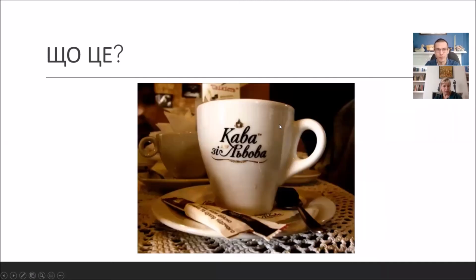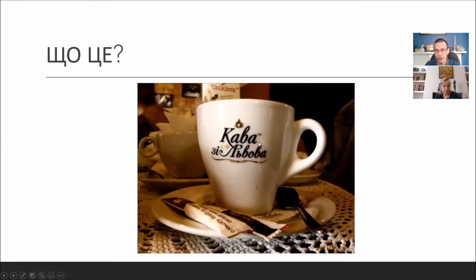Very well. So now this is a little bit trickier. Try to read the top word. What does it mean? Okay, very well. I think most of you guessed it. First of all, it spells k-a-v-a.